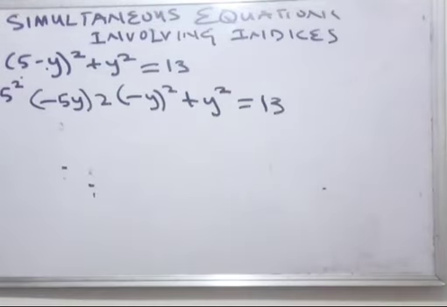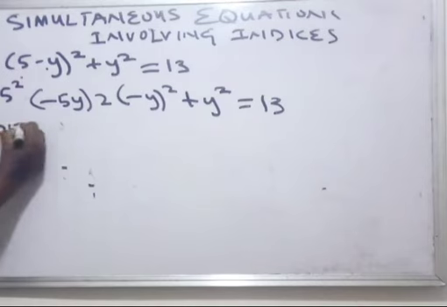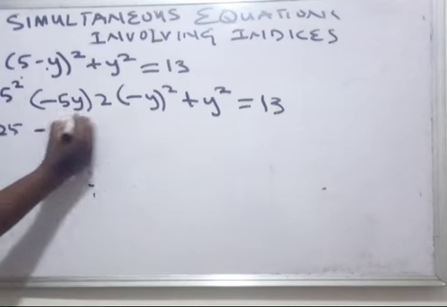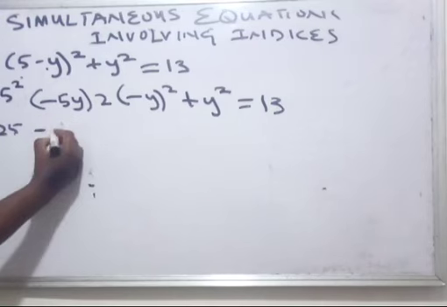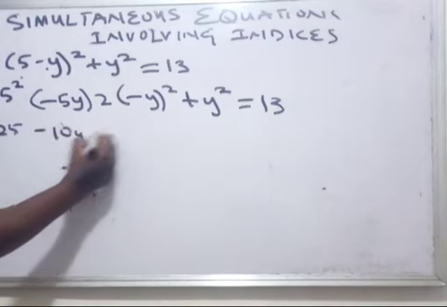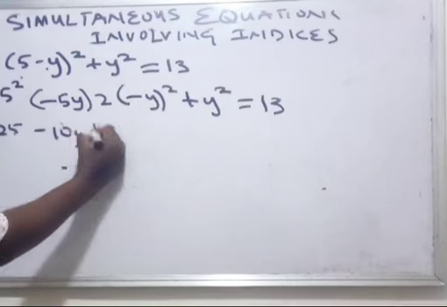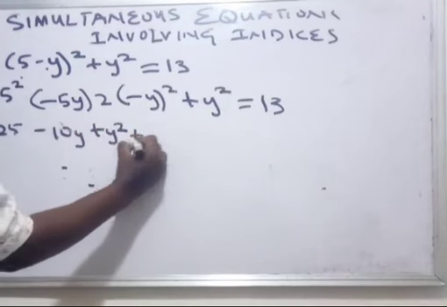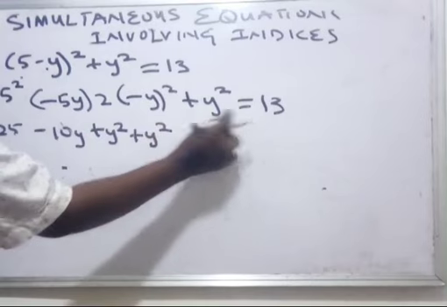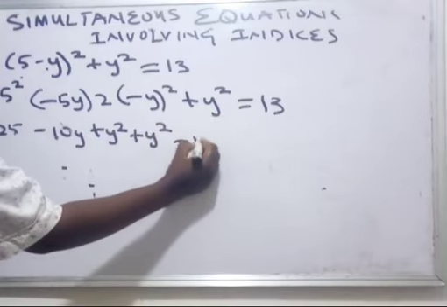So let's quickly evaluate this. This becomes 5 squared is 25, minus 10y. 5y times 2 gives us minus 10y. Minus y squared gives us plus y squared, plus another y squared, which is this second one, equals 13.